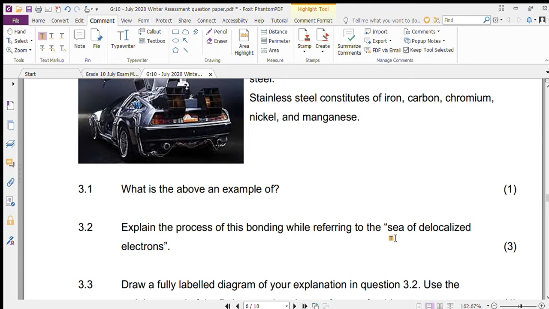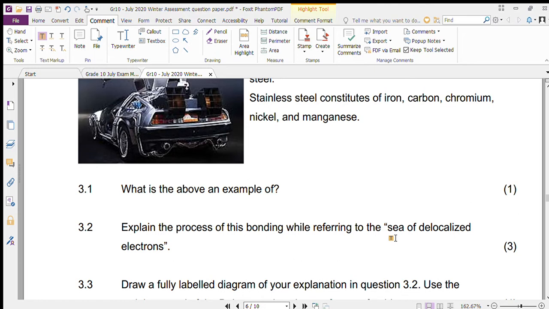3.2 asks to explain the process of the bonding, referring to the sea of delocalized electrons. So in this instance, I want you to write that metals ionize easily and this leaves empty orbitals, which thereafter creates molecular orbitals. These orbitals overlap and the valence electrons are shared with multiple atoms.